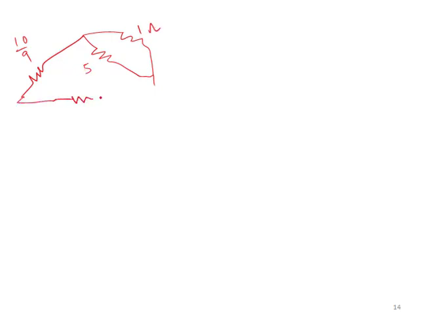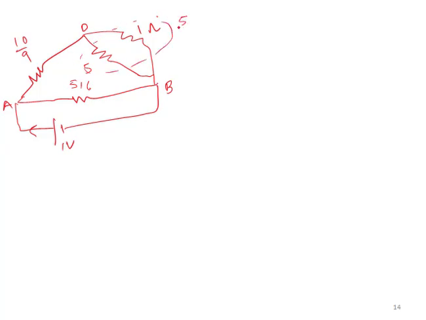Now this was 5 by 6, and here 1 volt battery is there, so it was A terminal, this was B, and this was D. So 1 volt battery is there, current is flowing like this. So basically these two are now in parallel, so we have already solved them. Their value is 5 by 6.